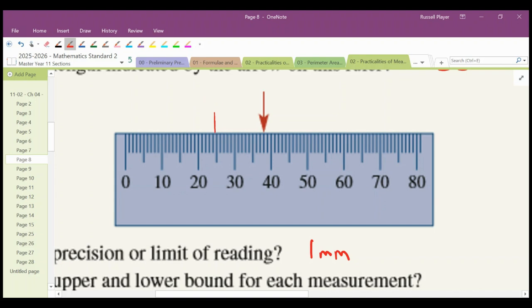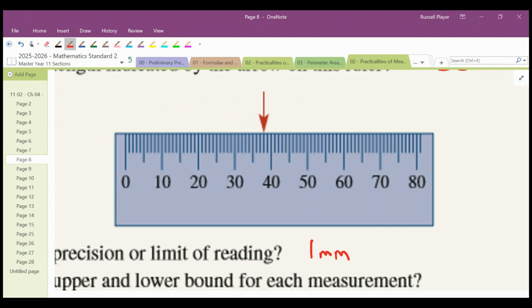Now, it might be exactly 24.5, but you're probably not going to read it as that. You're probably going to read it as either 24 or 25. Okay. Now, what we do in maths a lot of the time is we round up or we round down depending on how close it is to halfway. That's our rounding for decimal places and stuff like that.